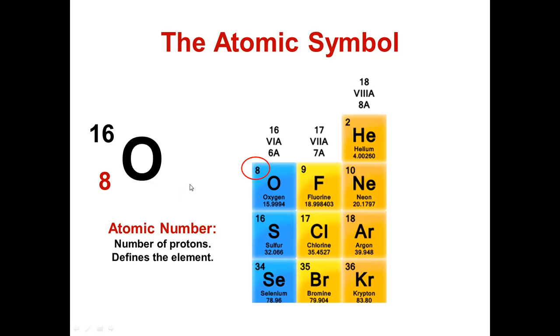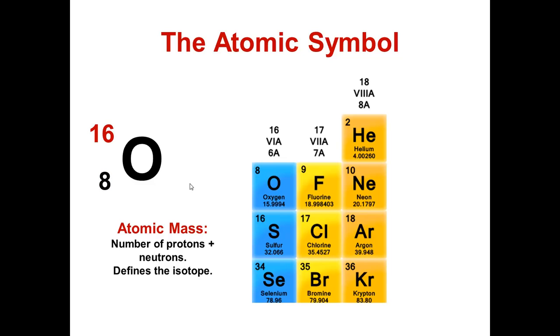And as you remember, the number of protons is ultimately what defines the identity of the element. So here, the superscripted 16 represents the atomic mass. The atomic mass is the number of protons plus the number of neutrons, also known as the mass number.